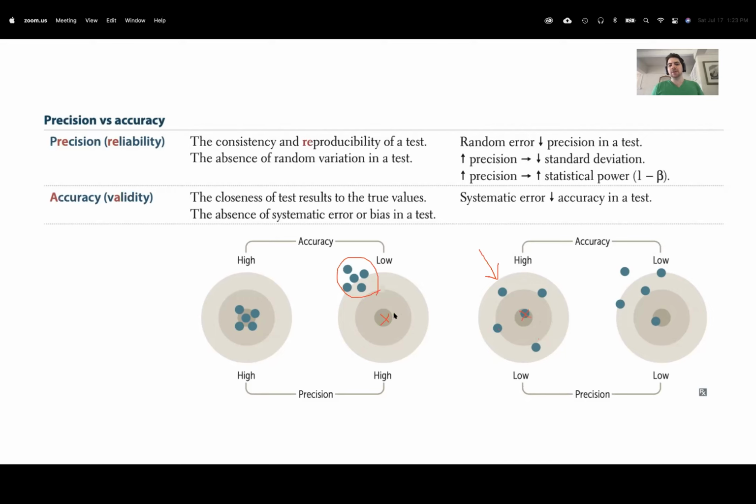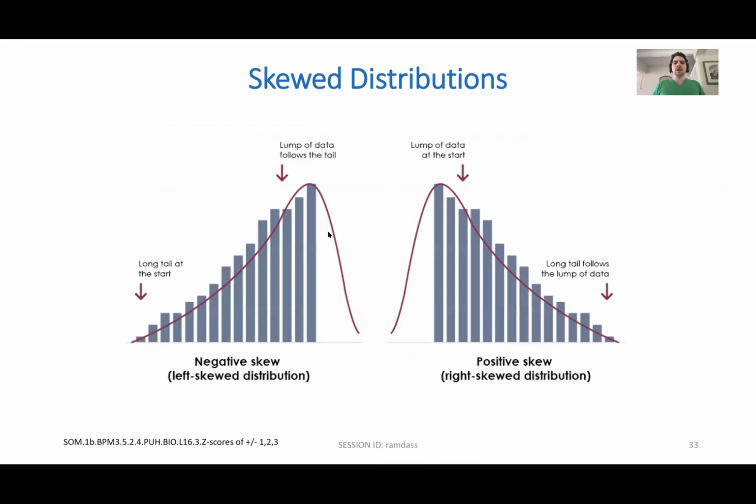Ideally, you want everything accurate towards the bullseye and clustered, which will give you increased precision. I do have another picture coming up later on when we talk about it. I remember we did have a question like this. They gave us these little bullseyes, asked which one is precise and accurate. So easy points there.